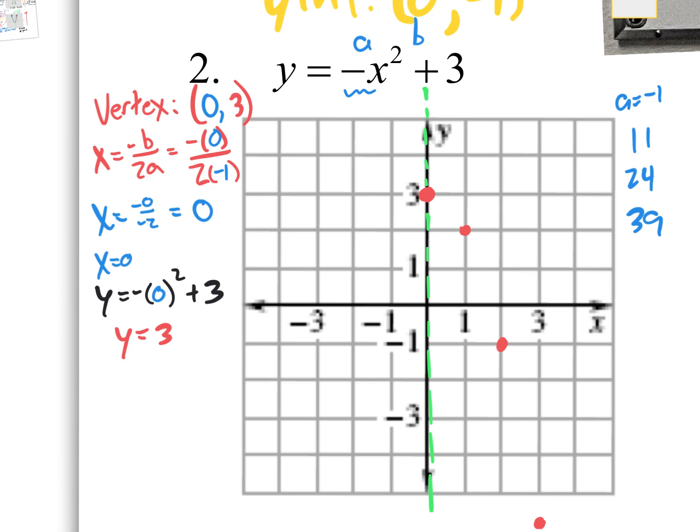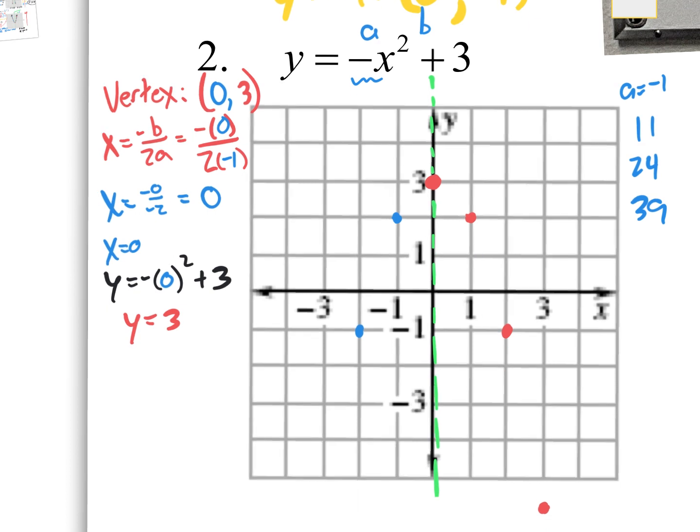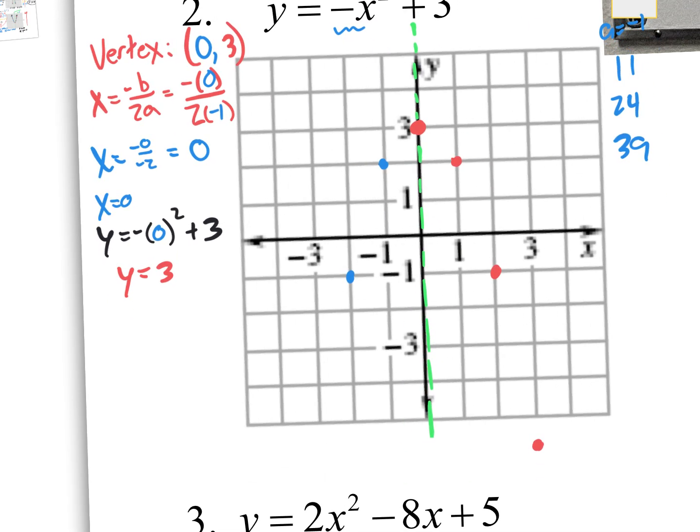And you could map those red dots over to the other side. 1 unit, 2 units, and down here, if you had a graph that's big enough, it'd be 3 units. So 1, 2, 3, it'd be down here, the reflection to the other side.